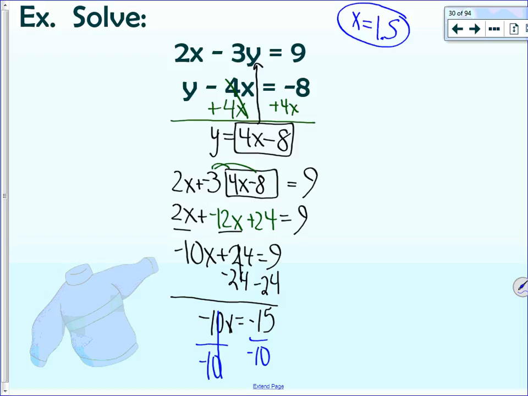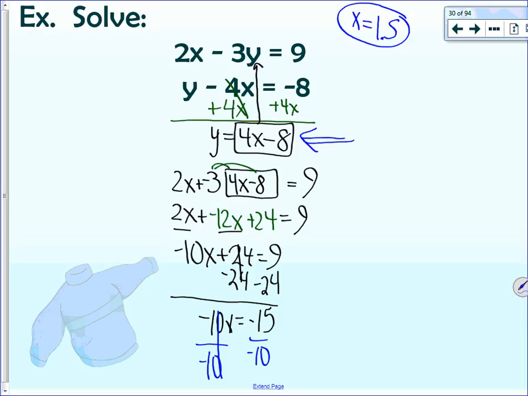You could also call it 3 halves or 1 and 1/2. Okay. So now you might be asking yourself, where do you want to plug this in to find y? Because you can plug it in a number of places, maybe. Plug it in with y equals 4x minus 8. Yes, this is the absolute fastest place to plug it in.